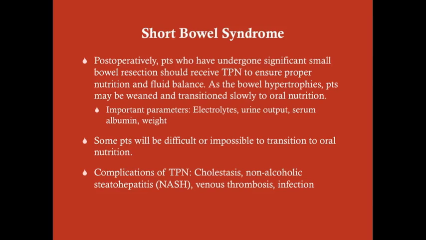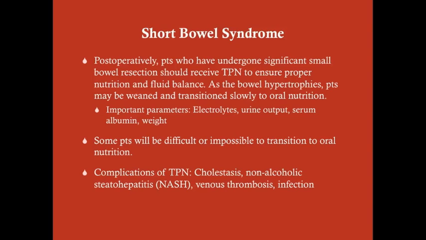Now, another way you need to think of short bowel syndrome is in the acute case. Patients who have just undergone small bowel resection are going to have problems with nutrition and fluid balance in the short term because the small bowel takes time to hypertrophy so that it has more space to absorb.